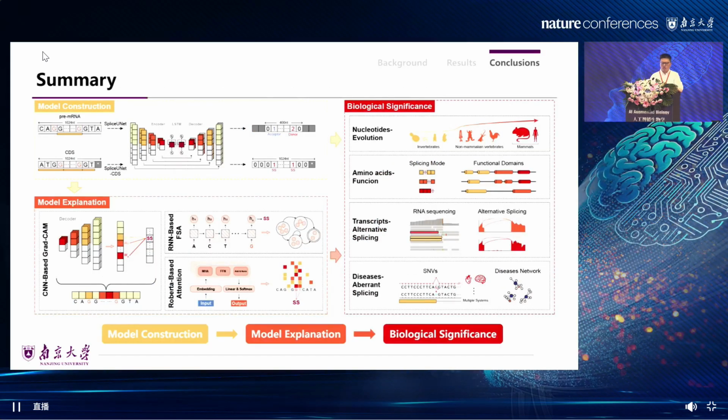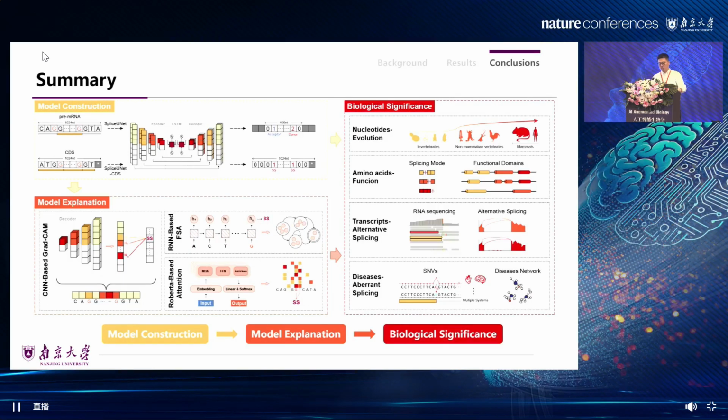So to conclude, our journey started with building a deep learning model to predict RNA splicing by using some explainable AI technologies. We uncovered a key role for the terminal nucleotide of the exon, which was previously overlooked.